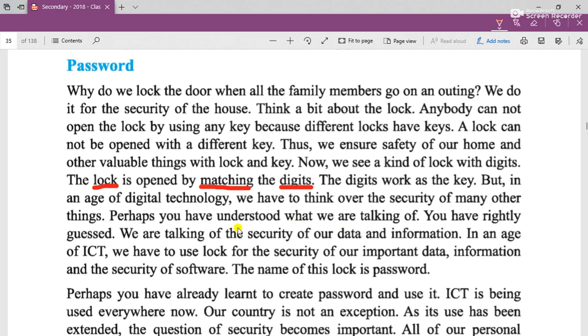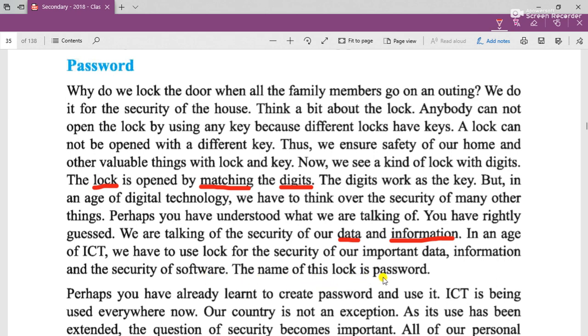You have rightly guessed. We are talking of the security of our data and information, because this data and information is the main part of our day-to-day life. In an age of ICT, we have to use a lock for the security of our important data, information, and the security of software.